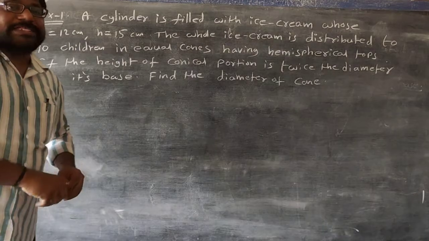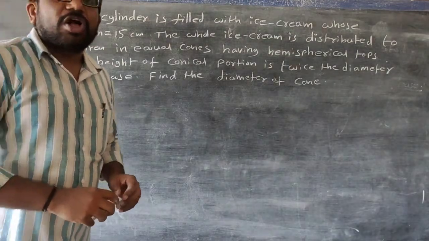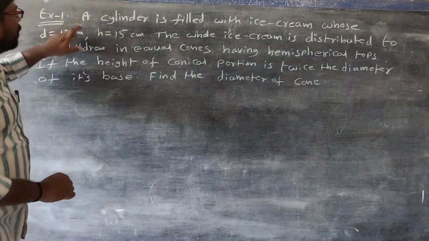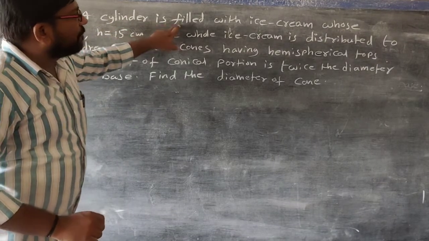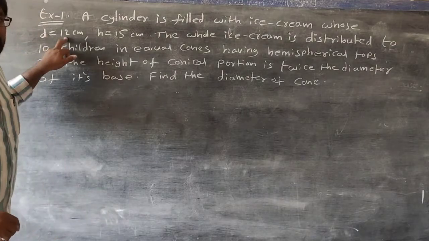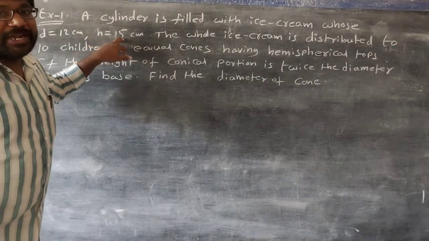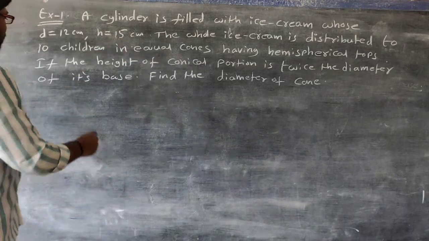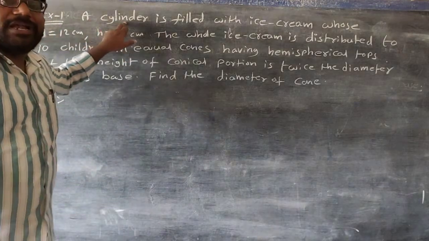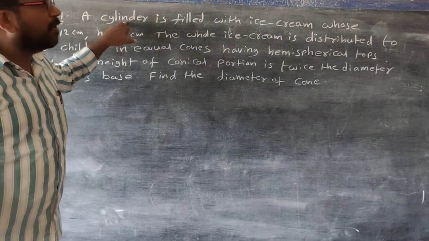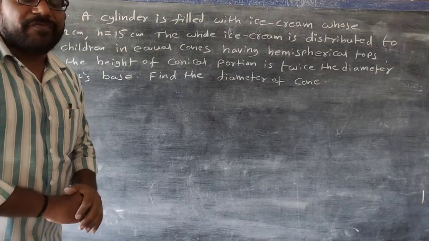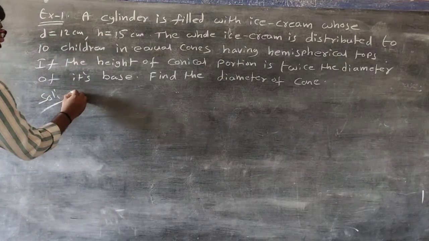Now let me do an example problem based on a combination of solids, that is cone ice cream. Observe carefully. A cylinder is filled with ice cream whose diameter is 12 and height is 15 centimeters. First keep the heading cylinder.